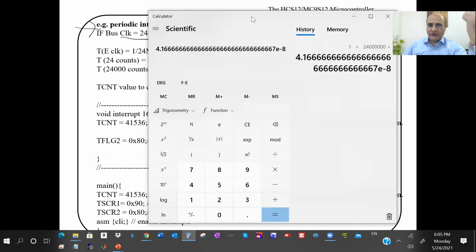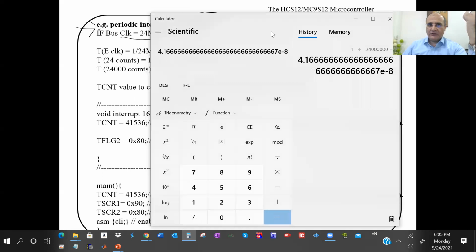To get 1000 microseconds, meaning 1 millisecond, how many counts do we need?